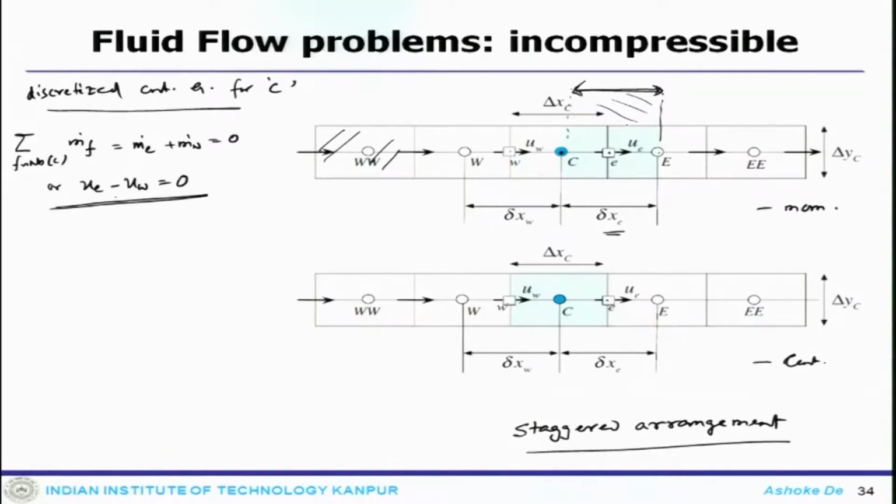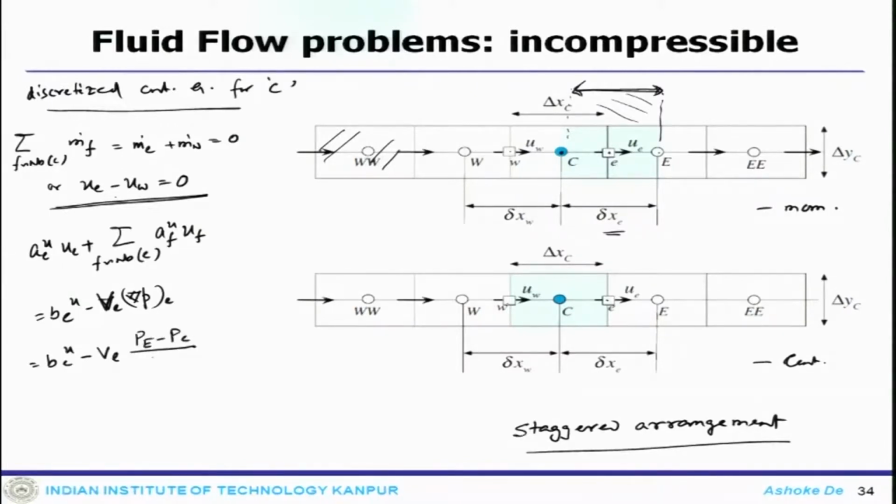Now, once you write the discretization for this control volume, the momentum equation becomes AE UE plus summation over F around E of AF UF equals BE U minus VE delta PE, which is BE U minus VE times PE minus PC by delta x E. Now, the pressure gradient is related to the values at the adjacent connecting faces.